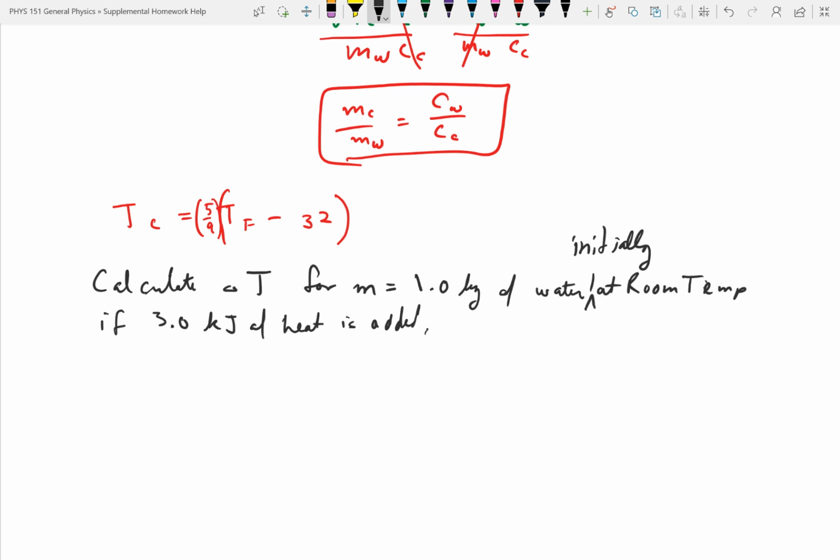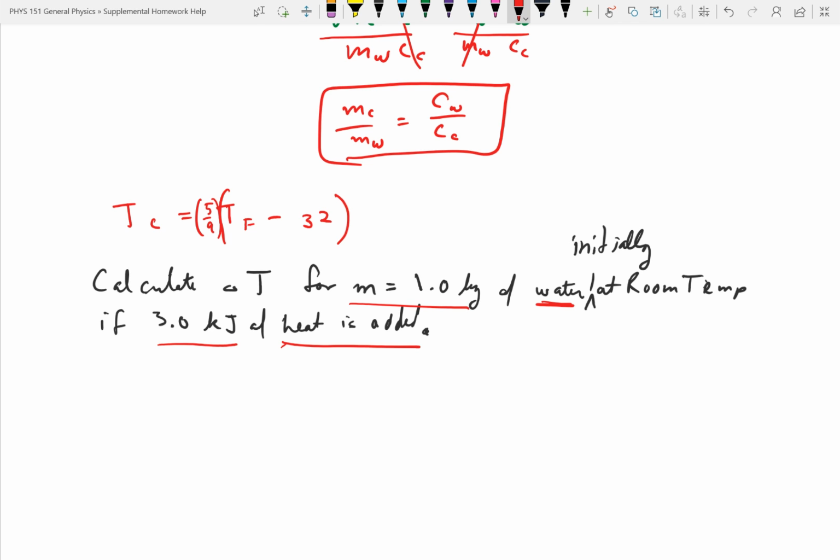Okay, so we have heat added, we have mass, we have the substance, we have the energy, and it wants to change the temperature. What equation is this going to relate?